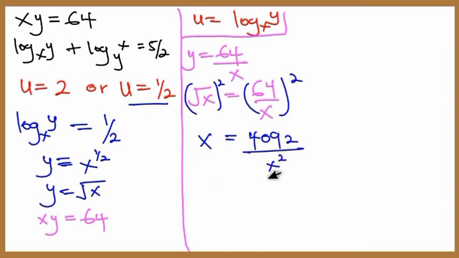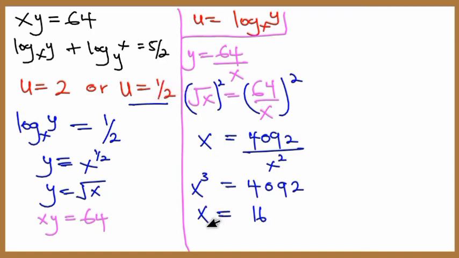So now trying to make x the subject, we do our cross multiplication. So I'll have my x cubed here equals 4096. So making x the subject, x equals 16.